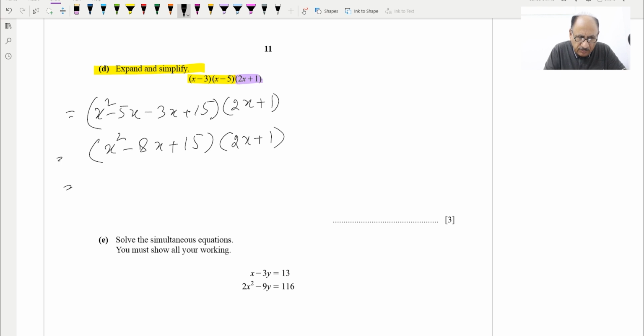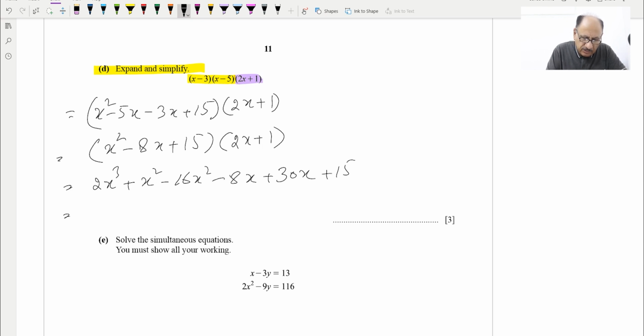So x square multiplied by 2x will be 2x cube, plus x square multiplied by 1 will be x square, then minus 8x into 2x will be minus 16x square, and minus 8x multiplied by 1 is minus 8x. Then 15 into 2x will be 30x, and 15 multiplied by 1 will be plus 15.